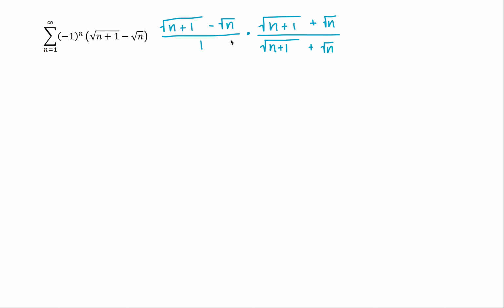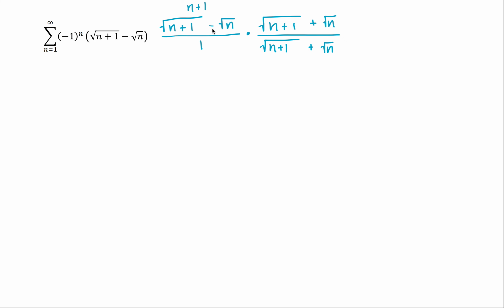In the numerator, when you FOIL that out, you have the square root of n plus 1 times itself, which is just n plus 1. Then the outside terms give a plus the square root of n squared plus n, then a minus the square root of n squared plus n, so those cancel.